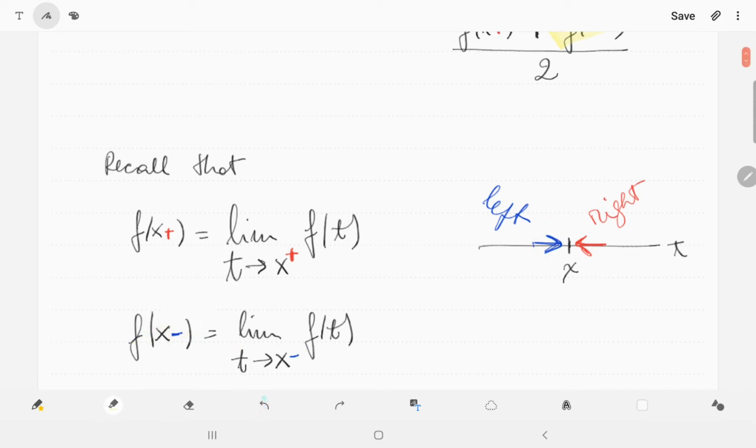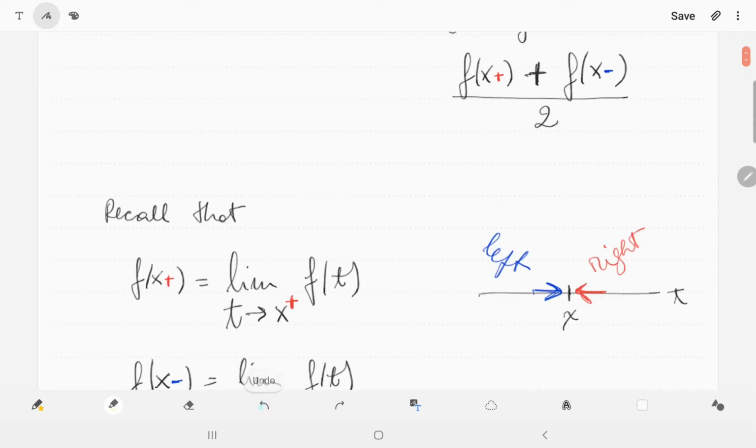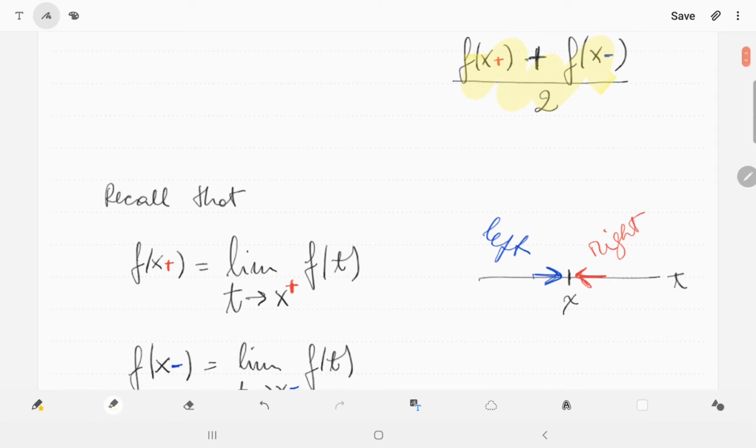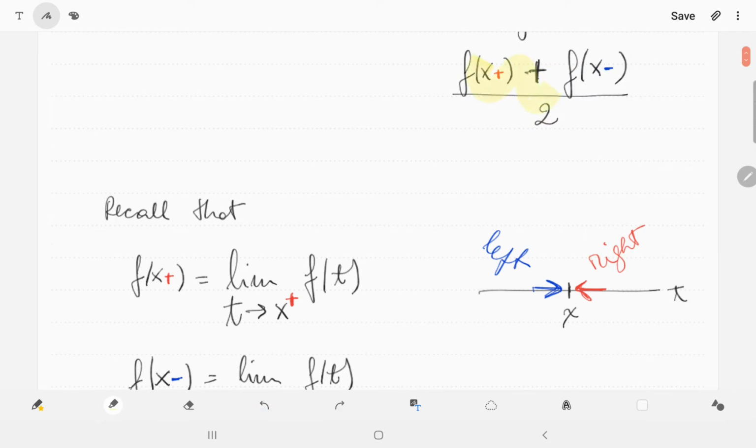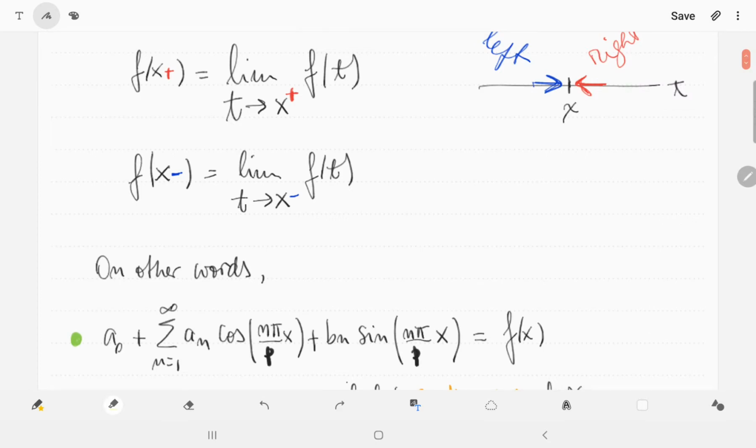In the example that we saw last week, this was the jump of the function, where the function was discontinuous. This number is related to that jump that we have in the graph of the function.